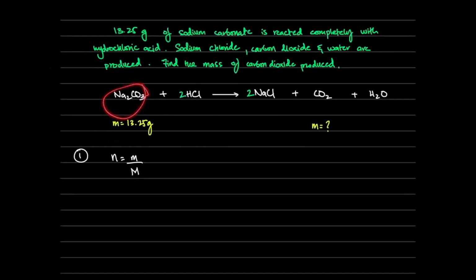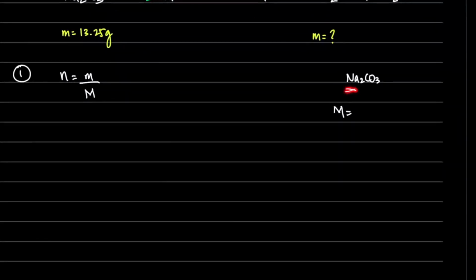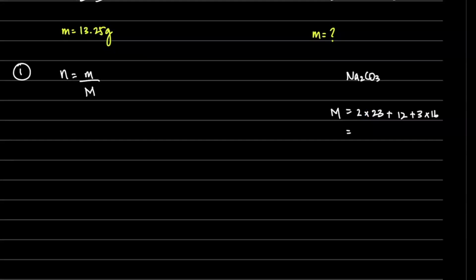What is the molar mass of sodium carbonate? Sodium has a mass of 23, so we have 2 times 23. Carbon is 12, and we have 3 oxygen, so 3 times 16. The molar mass is 106.